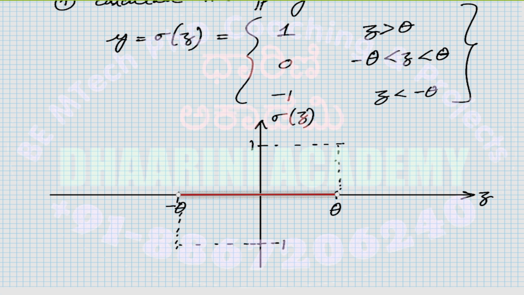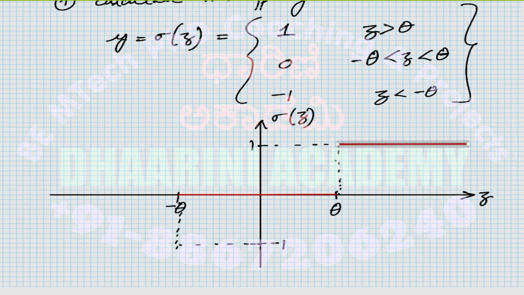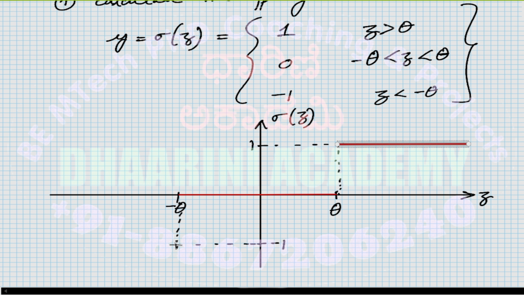I'll plot this. So it is above theta. Whenever the value is more than theta, this has to be like this, and that means it is 1. And whenever the value is less than minus theta, again you see that it has to be like this.